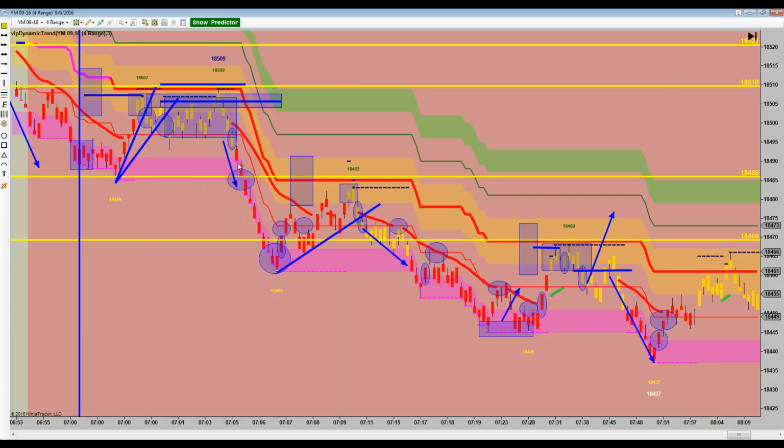Let me quickly do the math here. 29 plus 25 plus 10, that was 64 ticks. 64 times 5, 320, plus your scalpers, right around $400, including the scalpers. Between 350 and 400, depending on whether it was 5 or 6 scalps, where you actually got filled, what your entries were, how I actually took the trades. But this turned out to be 3 trades in an hour, and you made right around $400, plus or minus.